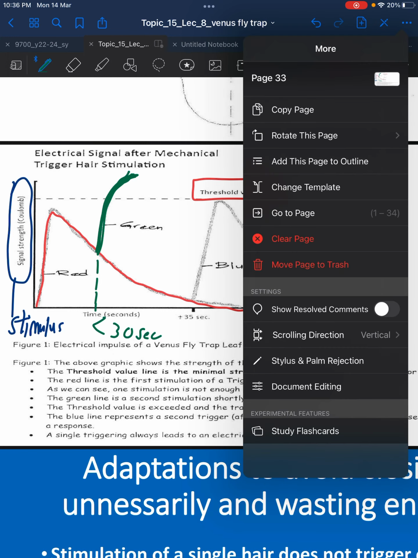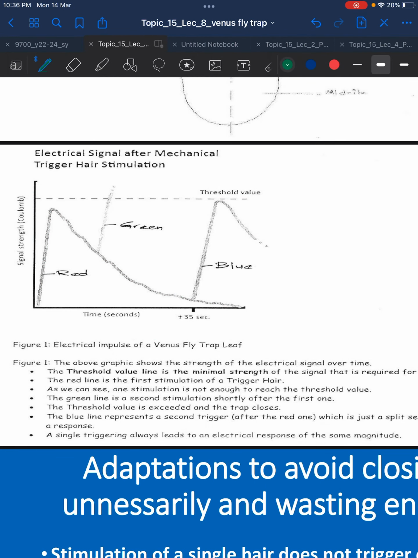Then if we look again, past 35 seconds, this is the blue line. The blue line represents a second trigger after the red one, but after 35 seconds. So if it is after 35 seconds, it goes back and the time is reset.